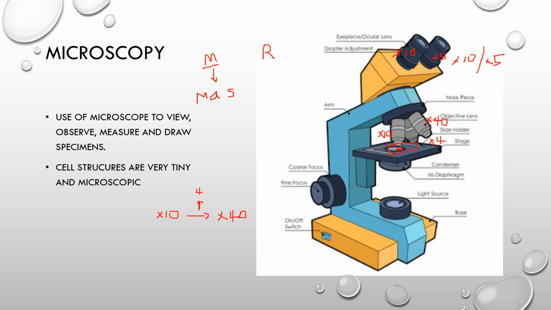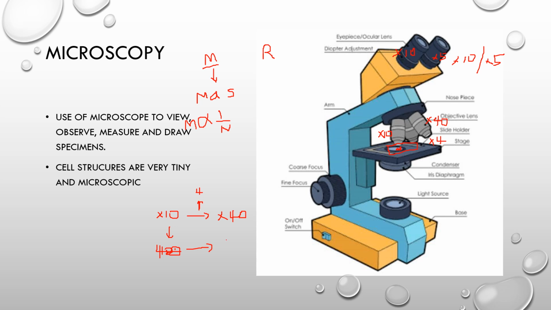However, there's another fact about magnification. Magnification is inversely proportional to the number of cells. So the bigger the magnification, the fewer cells you see. For example, if at times 10 I could see, let's say, 40 cells, when I increase it to times 40, the number of cells will decrease by a factor of 4, that is, divided by 4.